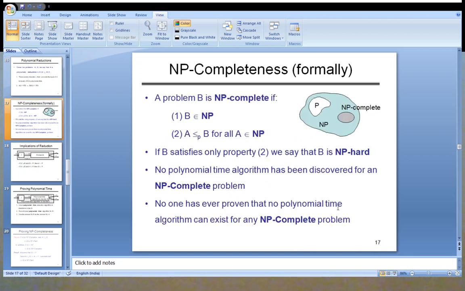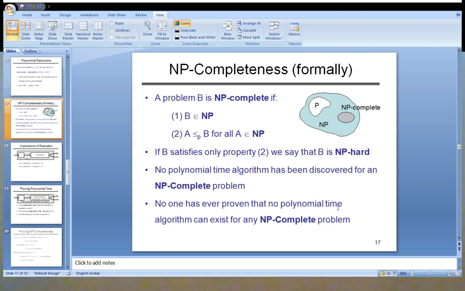The NP complete problem: a problem B is NP complete if B is an NP problem and every problem A in NP is polynomially reducible to B, that is A ≤p B. If B satisfies only the second property, then we say that B is an NP hard problem.